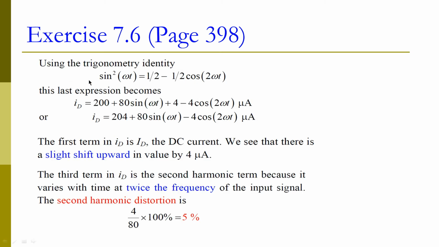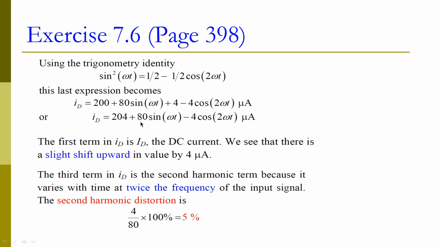Now using the trigonometric identity, we can rewrite sine squared omega t equals 1/2 minus 1/2 times cosine 2 omega t. Now the last expression in our previous slide will become this way, right? If we rewrite, then we get this formula here. As we can see, the DC current actually shifts upward by 4 microamps.